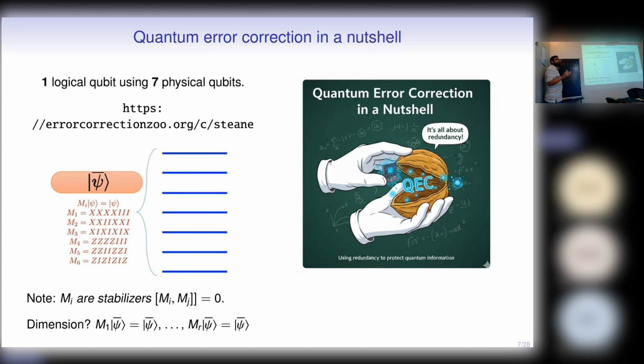Now your state space is 2 to the 6th dimensional. Now you'll introduce M2, and if it has to be +1 eigenstate of both M1 and M2, there are only 2 raised to 5 possible basis states. And now M3 and M6, and when you introduce all M1 to M6, you'll just have 2 possible basis states that are simultaneously +1 eigenstates, which means we have a qubit, which means this is all the information you need to specify the 0 and 1 states.